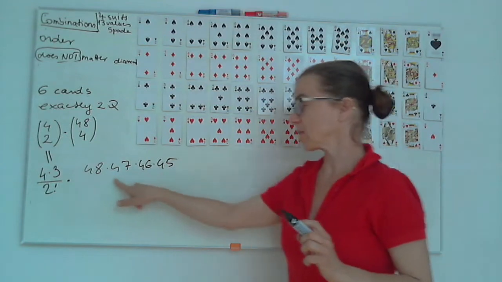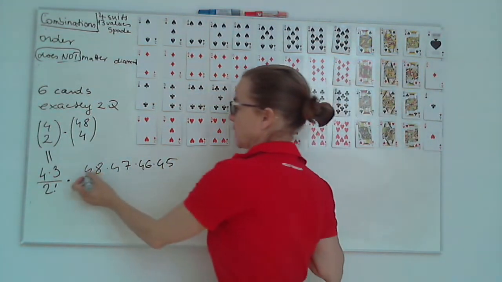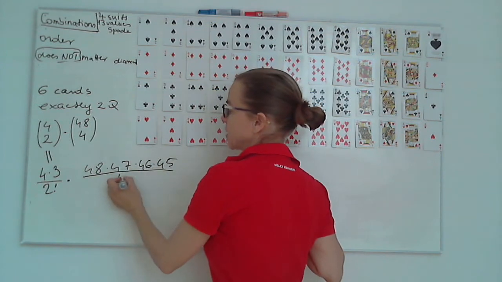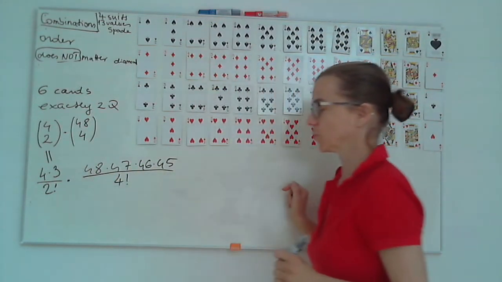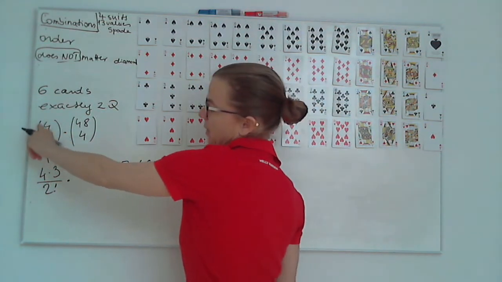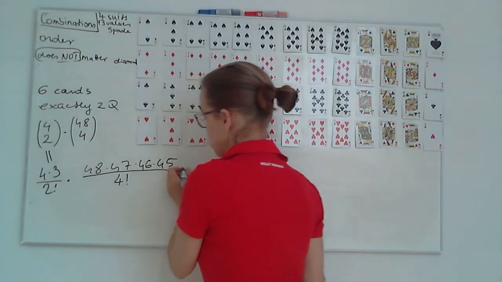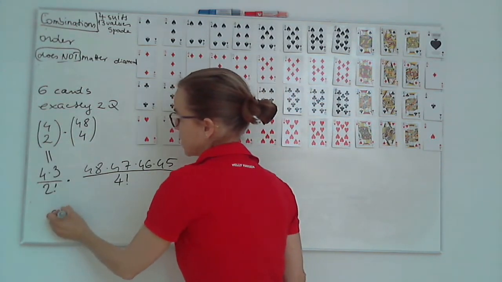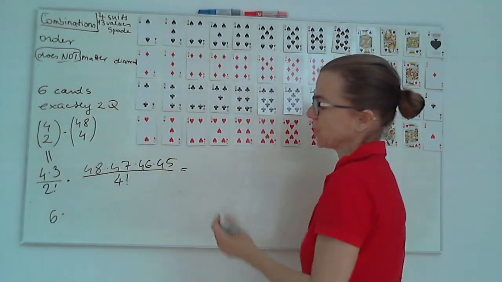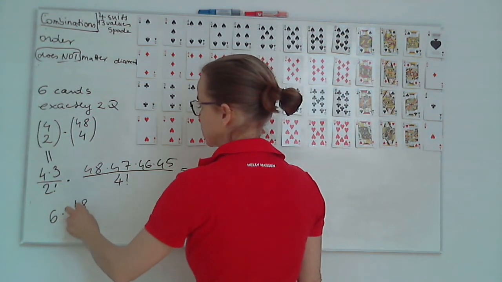But if you leave it this way, then you ordered your cards, and you don't want to do that now. So you divide it by all possible orders. And this is your result. I know by heart that 4 choose 2 is 6, which is true. So this is 6. And this one, actually, I don't know how much it is, but I have good news for you.